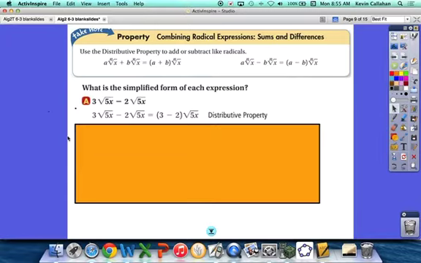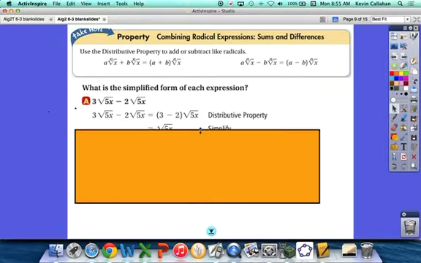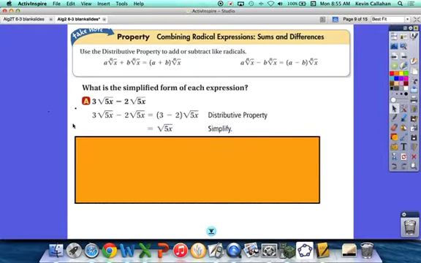They call that the distributive property, but in fact, it's more like factoring. You're factoring the square root of 5x out of both terms, and what's left is 3 minus 2, which makes how many square roots of 5x? Which makes 1.